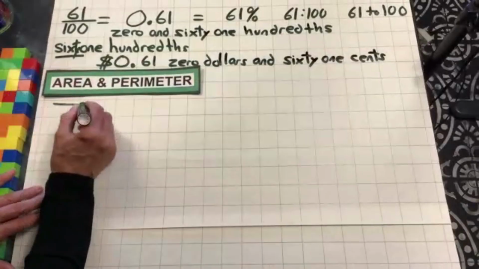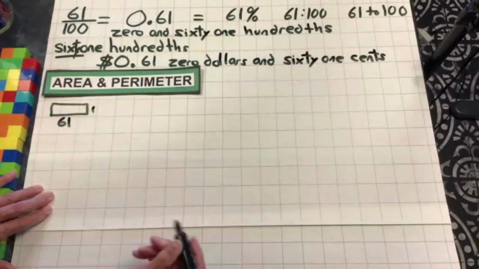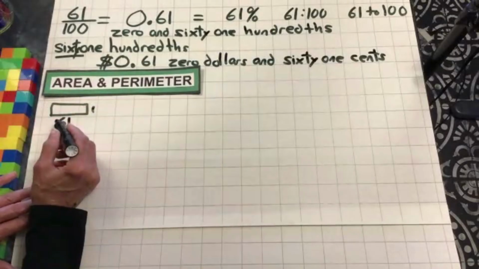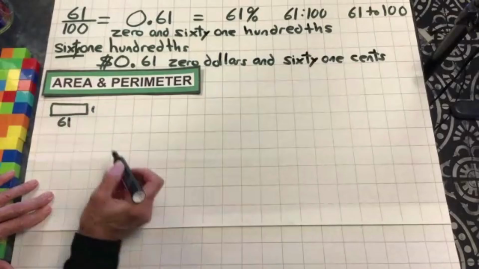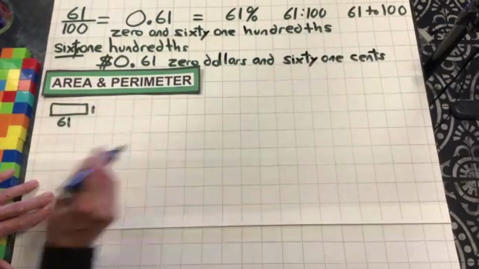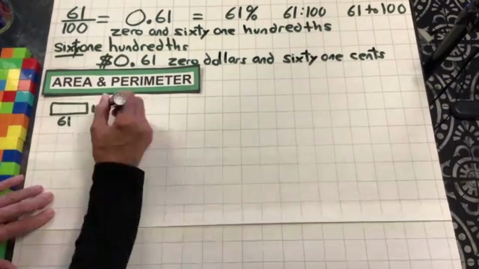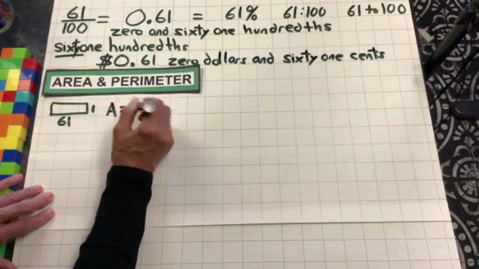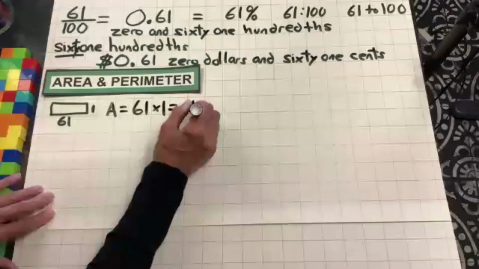So our first one, we'll draw 61 by 1. Remember, our rectangle is not even close to being 61 of anything by 1. It's definitely not a perfect representation, but it's a rectangle, and we're just going to say that's what it is. So our area for this would be 61 times 1 equals 61.